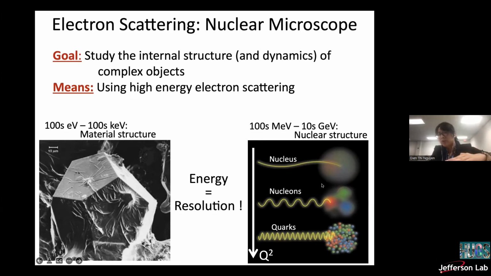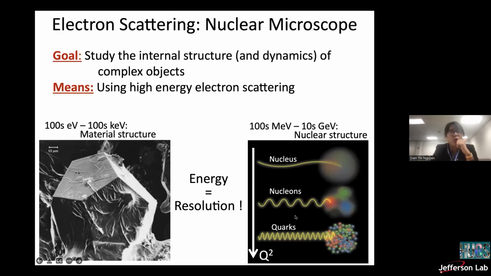So if the virtual photon's wavelength is larger than the radius of the nucleon, we are not able to see the structure inside. We only see the nucleus as a whole structure like this. Does that make sense? Yeah, so it needs to be smaller than the size of the object in order to look inside it. That is a simple way to understand it.